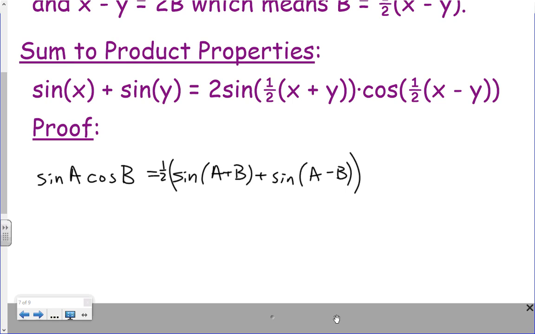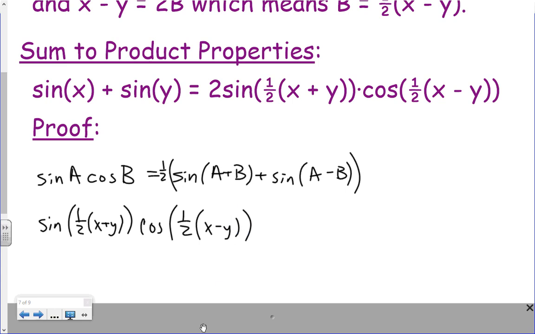Okay, and again, the same technique that we just did on the previous slide to prove this, we're just going to do a straight substitution to make this happen. So for A, we're replacing A with what we calculated. That was going to be 1/2 of x plus y. For B, same story, replace it with what we've calculated. It was 1/2 of x minus y.